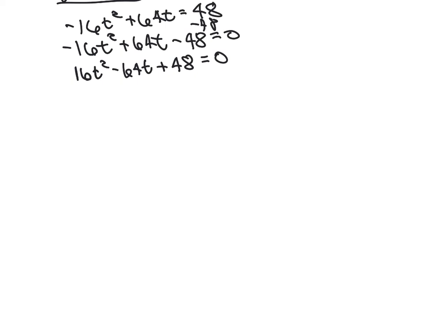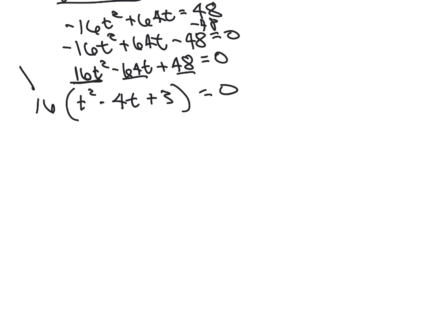Next step is I'm going to divide each side by 16 to get rid of these. Another way of saying it, I'm going to factor out the 16, and I'm going to be left with t squared minus 4t plus 3 equals 0.